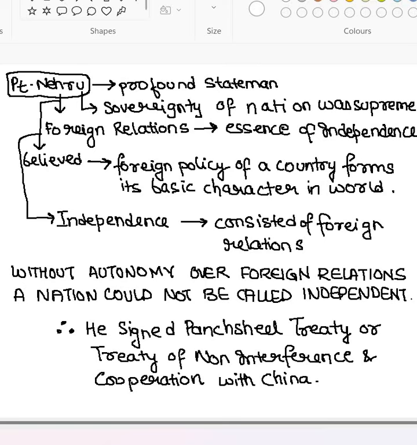Okay, you are truly independent if you have full command on your foreign relations, if your foreign relations are strong and smooth. We know that Pandit Nehru ji was a very profound statesman, very learned personality, and for him the sovereignty of a nation was supreme.